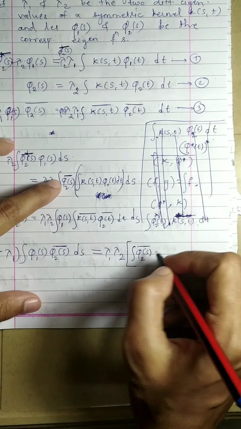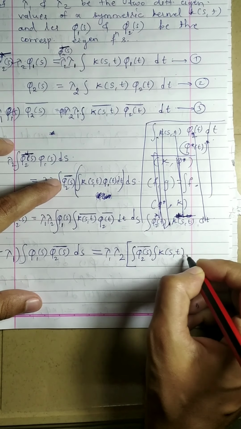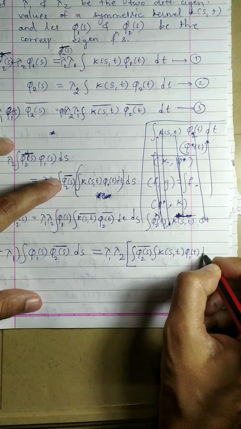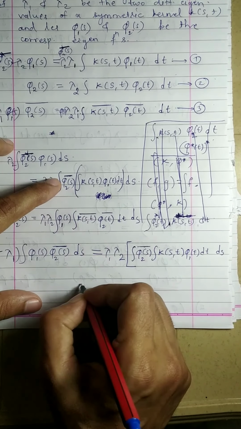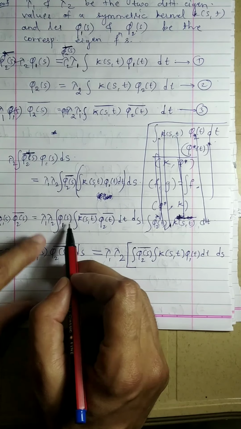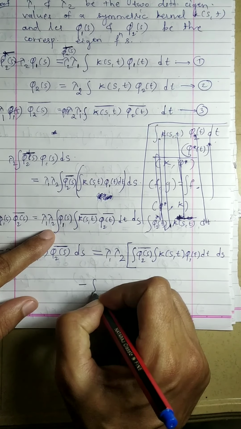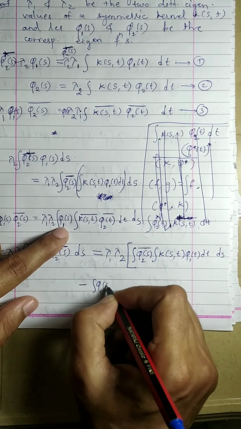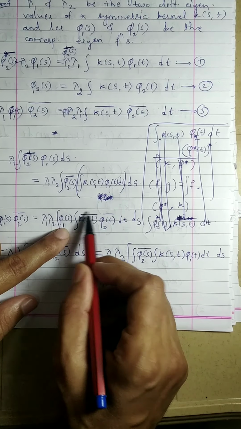We'll write it as it is: phi 2 of s bar integral k(s, t) phi 1 of t dt ds, minus integral of phi 1 of s integral k(s, t) bar.